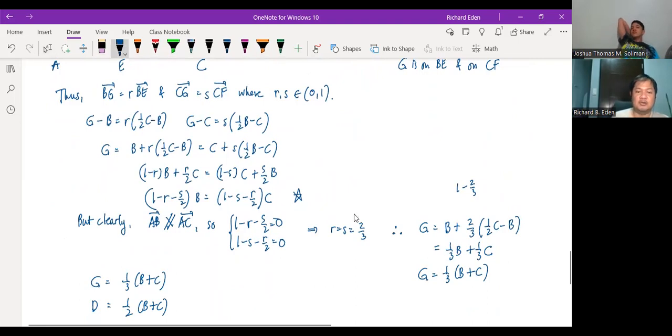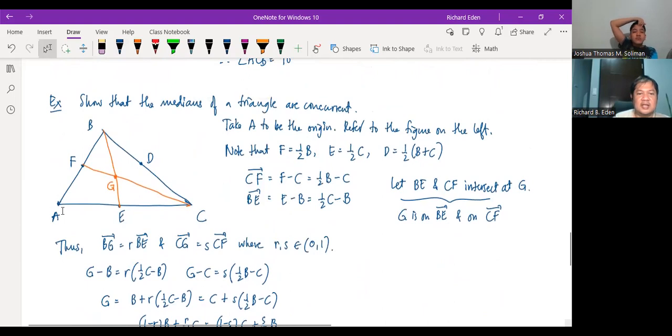In fact, what we see here is the ratio: G is 1/3 divided by 1/2. Oh, wait. Yeah, in terms of D, G is 2/3 D. All right, so actually, that's it.